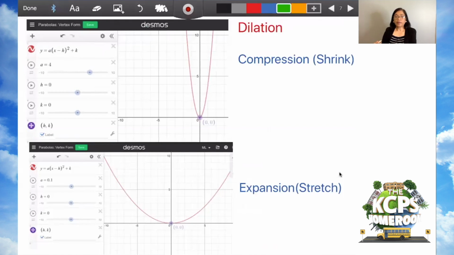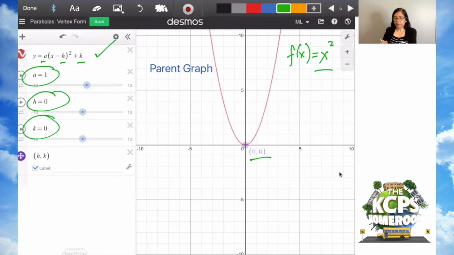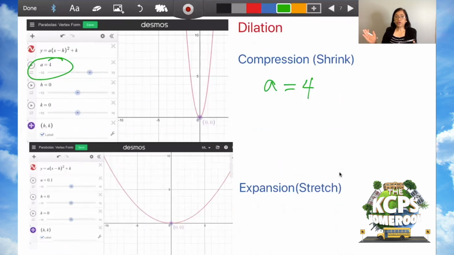Let's look at these two graphs and at the parameters. When I change the value of a from 1 to 4, notice that the graph, compared to the parent function, shrinks. It moves closer to the y-axis; it becomes narrower.